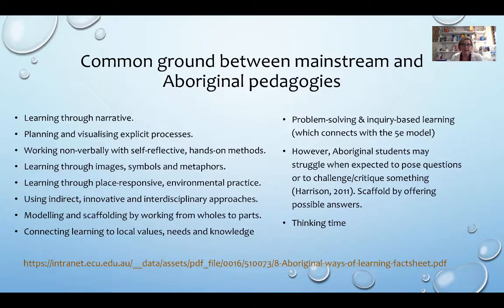Modelling and scaffolding work by working from wholes to parts, so breaking it up, whether we're doing it as a jigsaw, doing group activities, making explicit teaching points, so for example how to scaffold a text or writing a story together, etc. Connecting to local values, needs and knowledge, which is another important consideration.